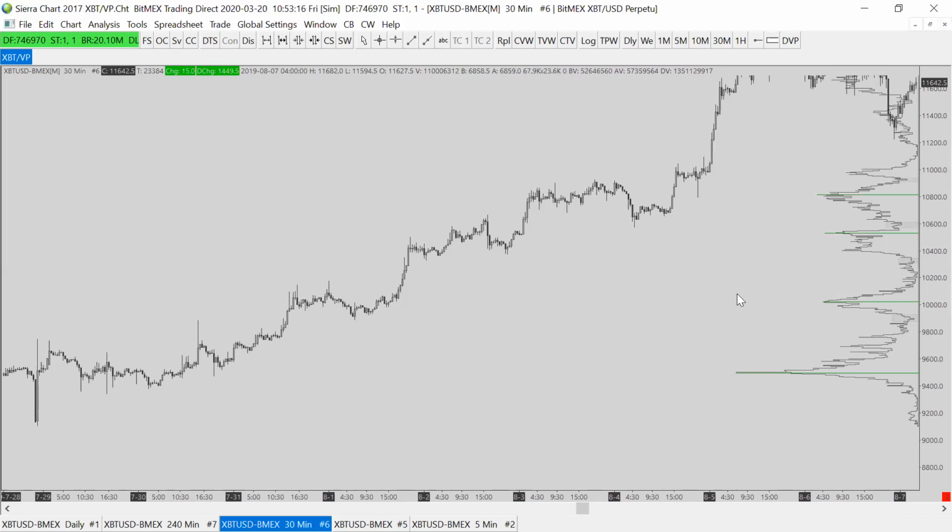And then we'll watch how price interacts around those levels as price breaks back down through this area.